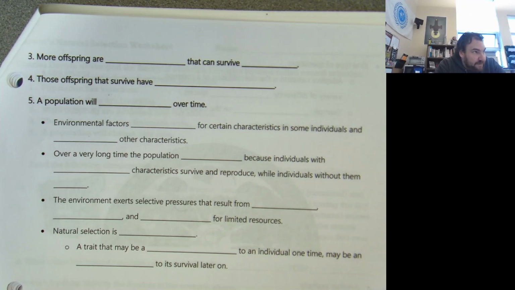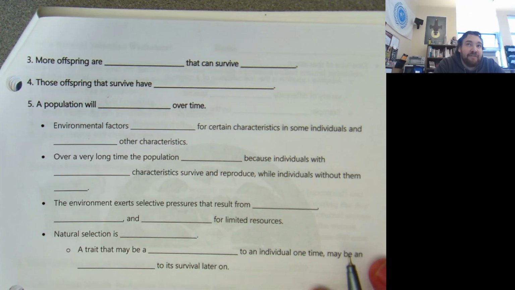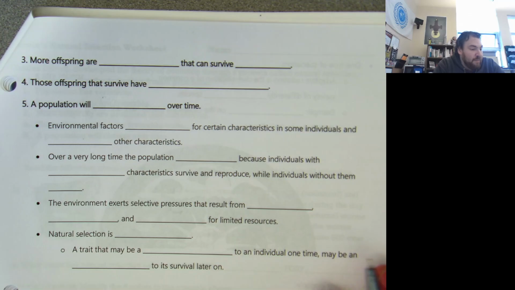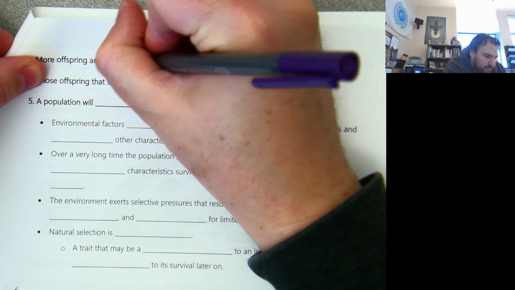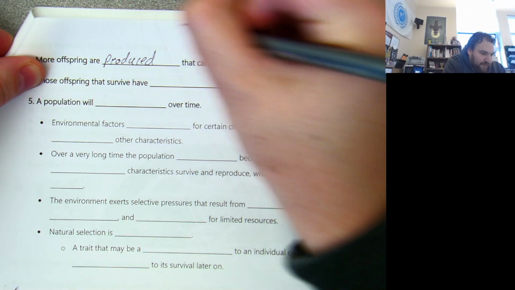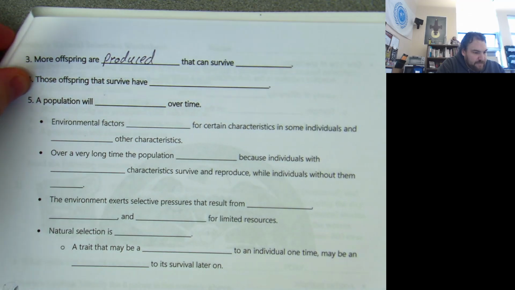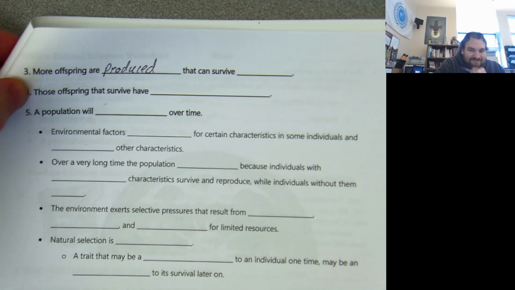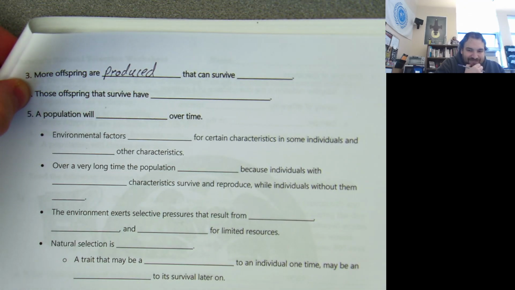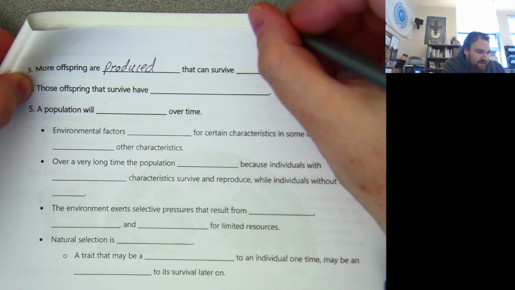So we have steps in natural selection. The first one is variation. The second one is favorable variations. The third one is more offspring are produced than can survive.